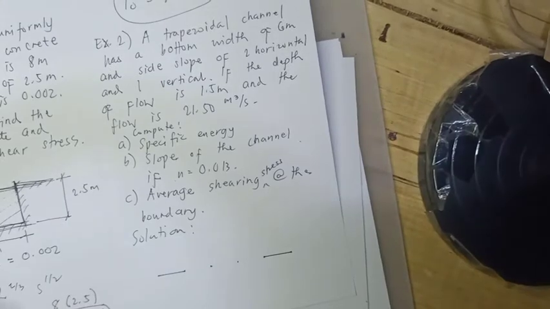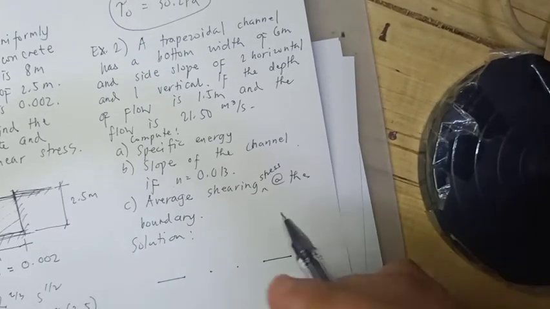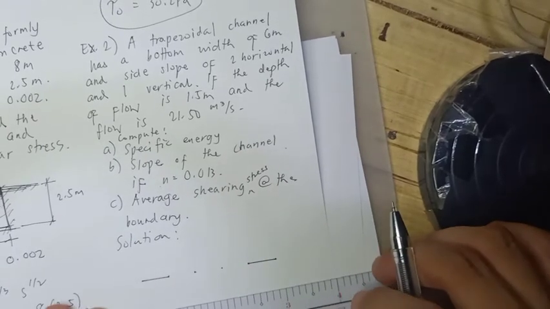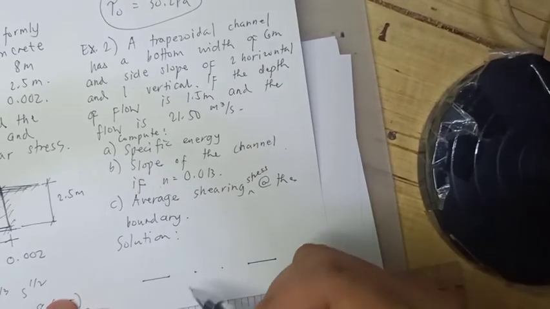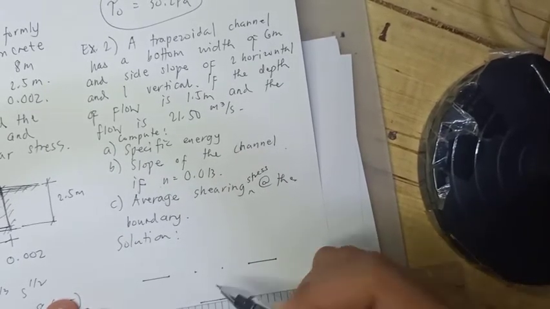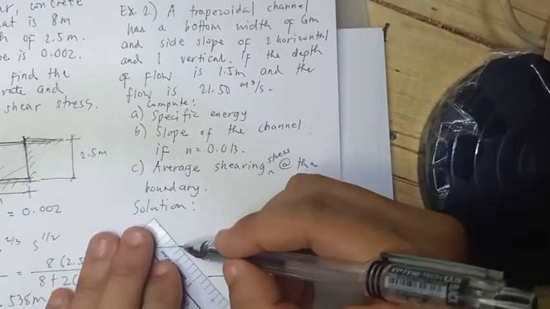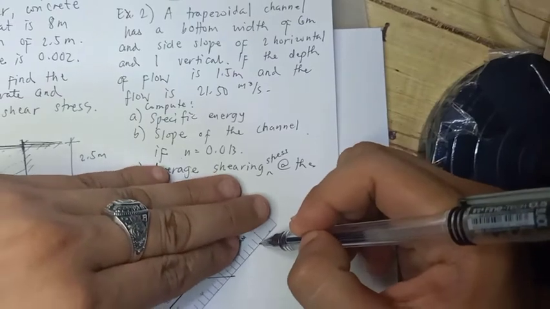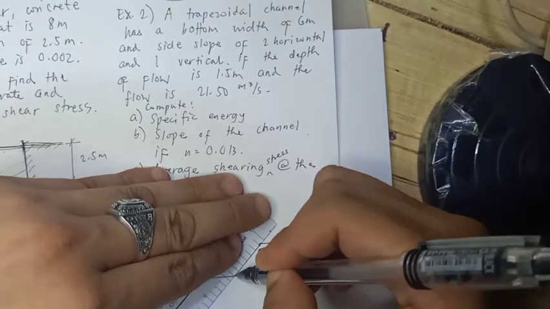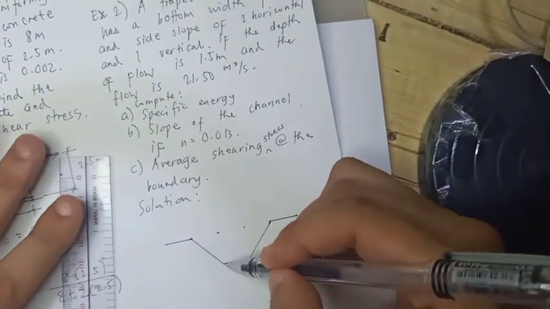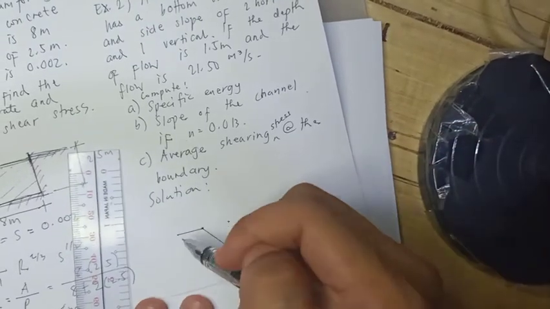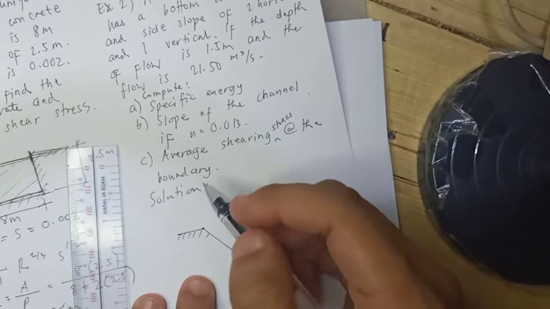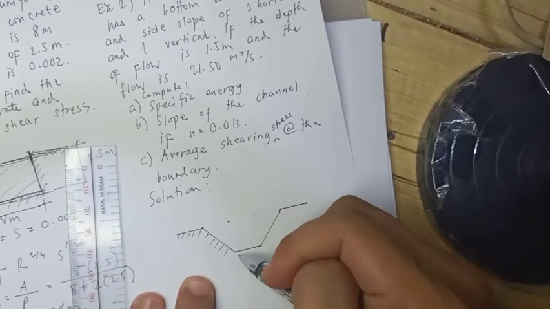So, ganito for example, no? So as you can see, ganyan siya. Parang may nakaset na point kung saan yung sa bottom. So this is now the channel, trapezoidal na channel.